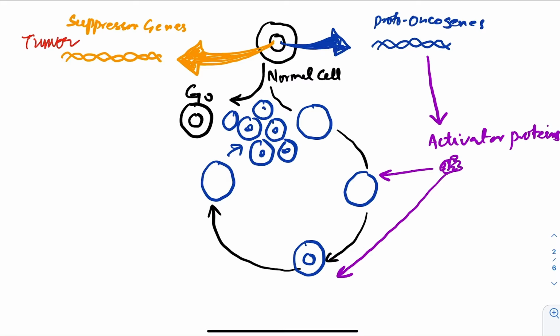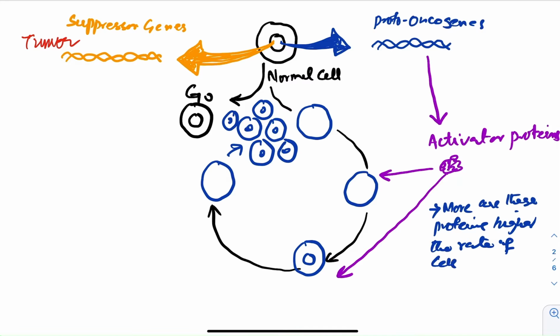The more of these proteins, the higher the rate of cell division, and vice versa.